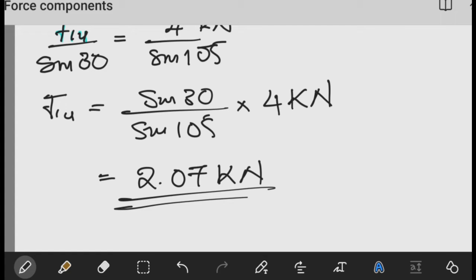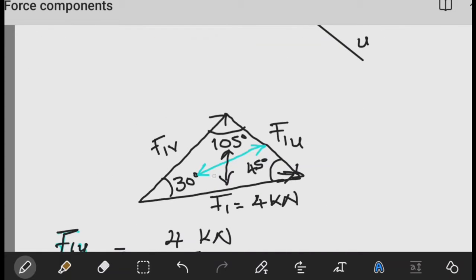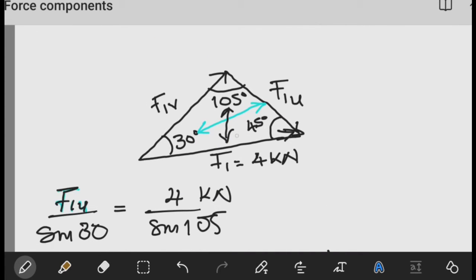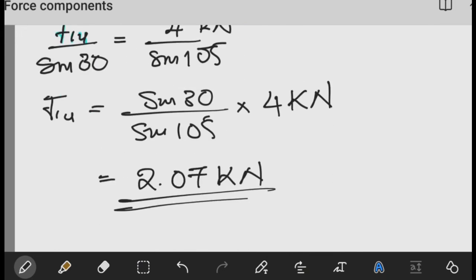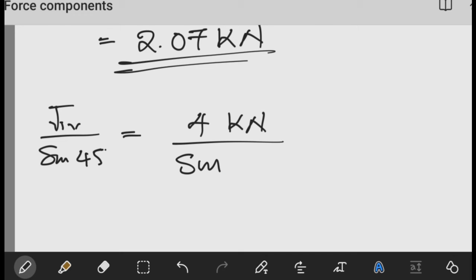Well, to determine the component of F1 in the V axis, it's the same thing. We're going to use sine rule again, but this time we have F1 in V over sine 45, the angle opposite to that side, equal to, so for simplicity we're going to use 4 again, divided by sine, the angle opposite to the 4, which is 105 again.